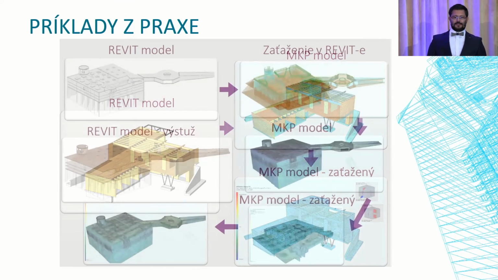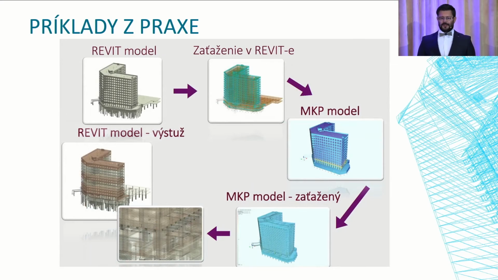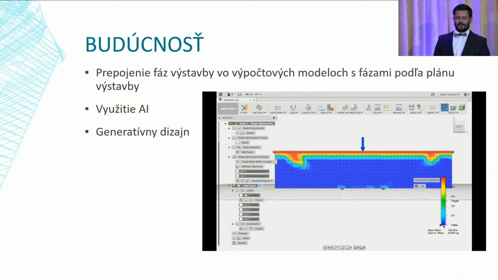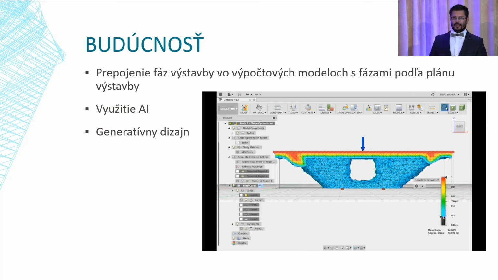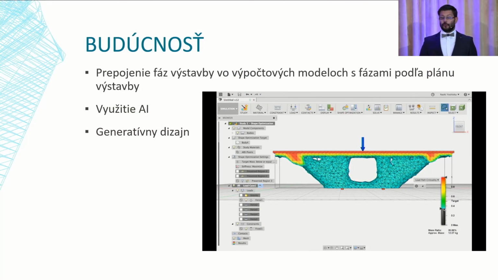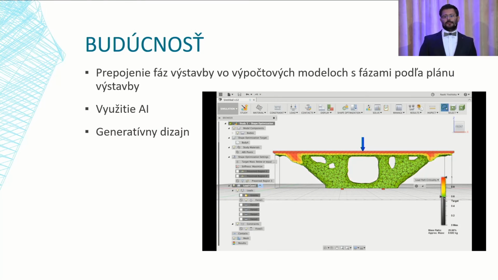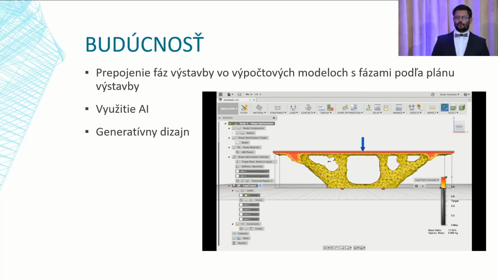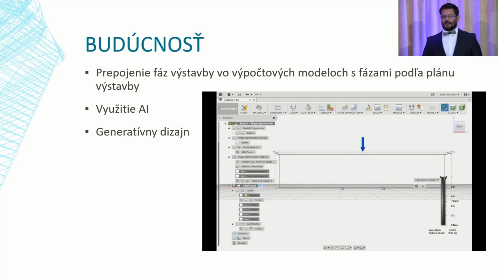Definitely AI comes on stage. Maybe individual phases of construction will be connected according to the construction plan. So we will connect the technological part, because with the bigger objects where the dilatation holes are somehow connected, we need to focus on the holistic picture, as you can see on this short video.